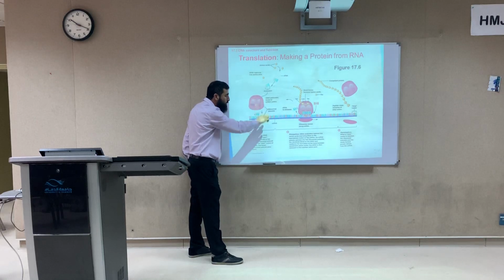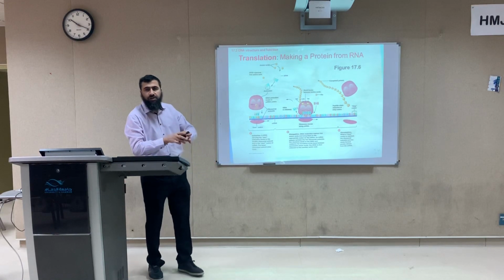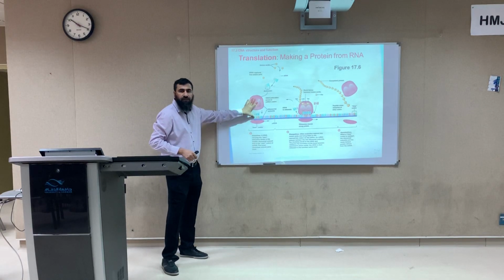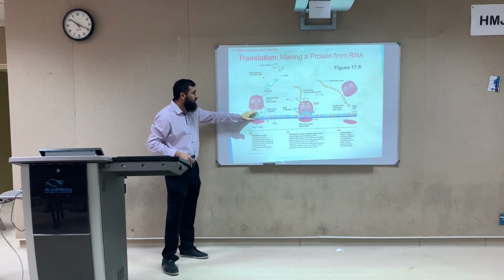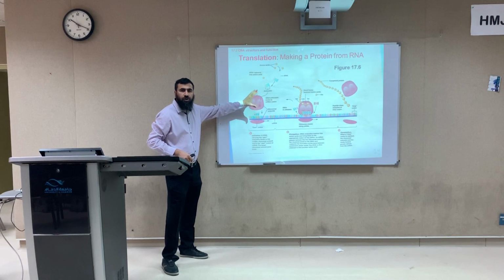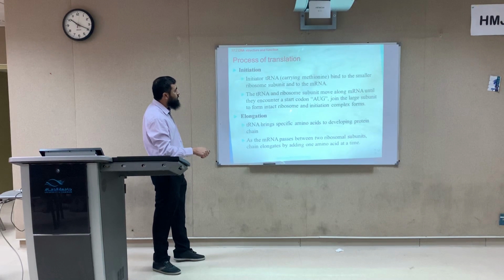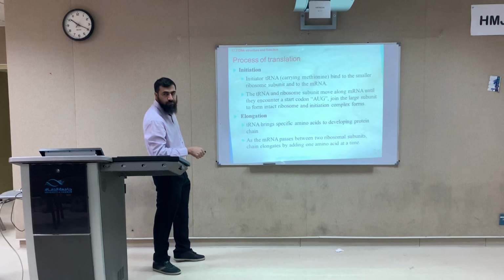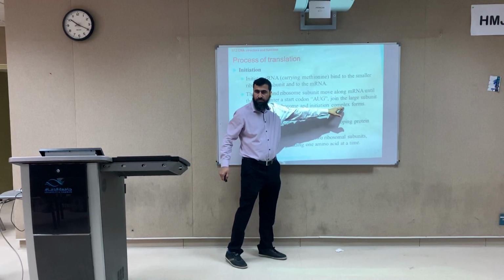So then we have what we call the initiation complex, because it has multiple things involved in it. We've got messenger RNA, the small subunit, the tRNA, and the large subunit, all forming what we call the initiation complex, okay?